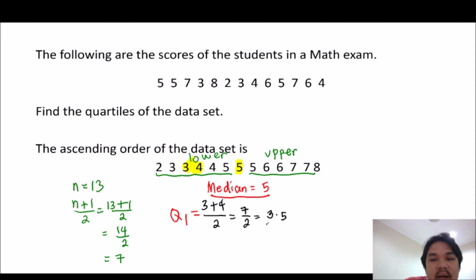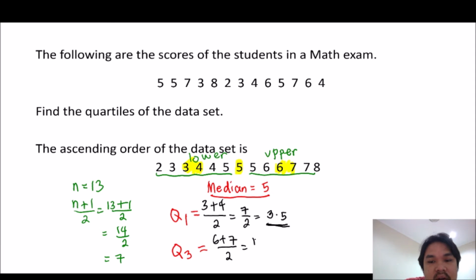So our quartile 1 is 3.5. To find quartile 3, we need to get the middle value of the upper half. The middle values of our upper half are 6 and 7. So to find quartile 3, we will get the average of 6 and 7, so 6 plus 7 divided by 2.